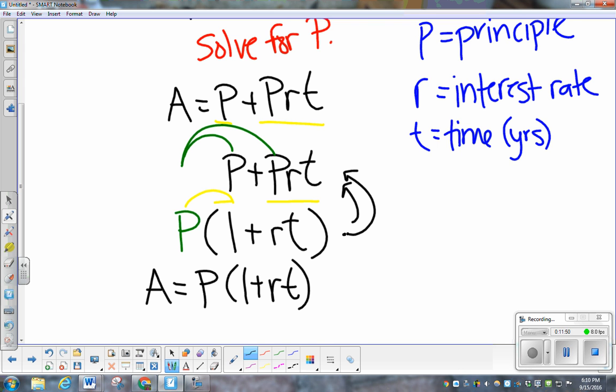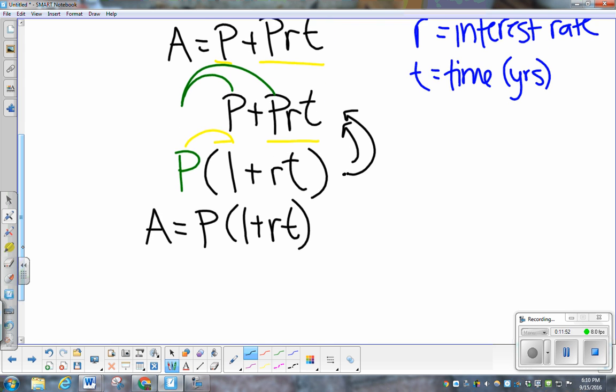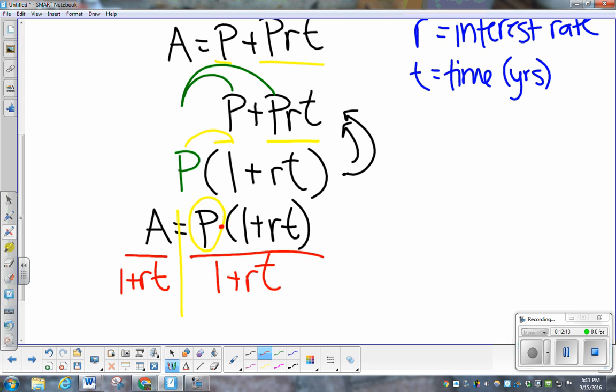So now since we're trying to solve for P, we only have one thing to do here. Here's this P, he wants to be all alone. All we have to do is get rid of this 1 plus RT. It's being multiplied. So we can just divide by that whole thing at once because it's in parentheses, it's one quantity right now, so we're allowed to do that. We just have to divide by 1 plus RT on the opposite side too.